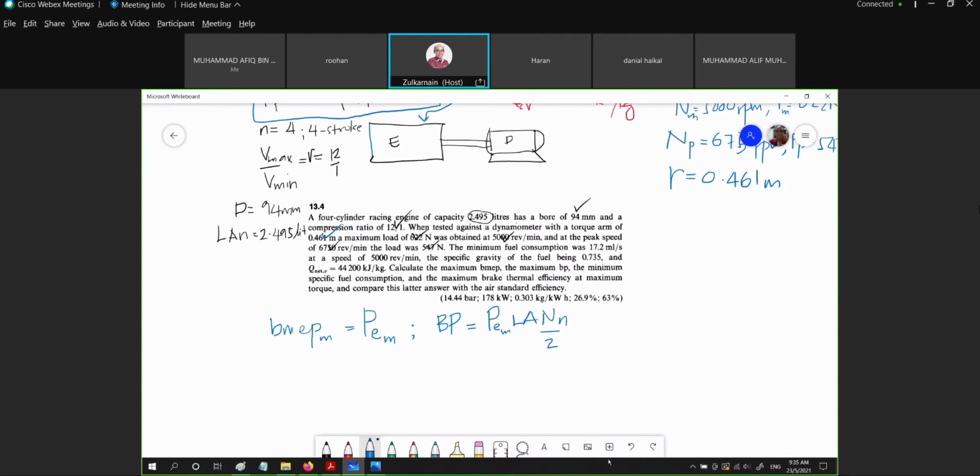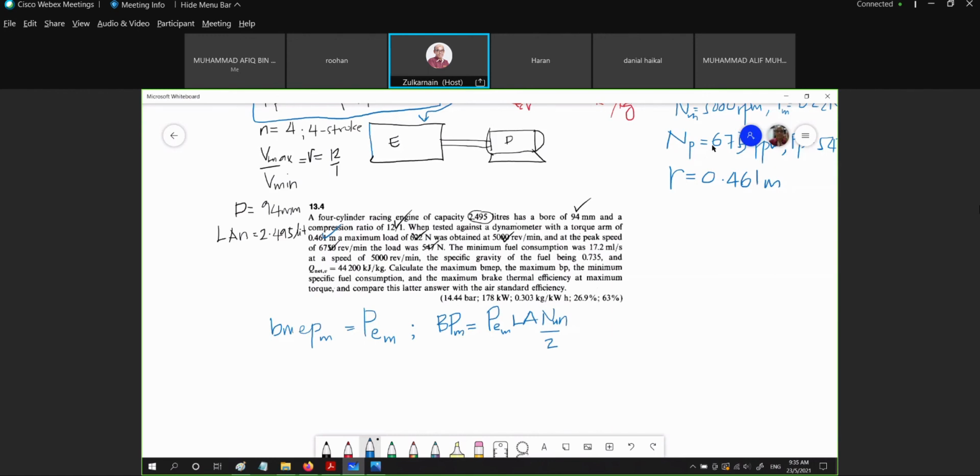So this is based on the N max and M. So this is max at 5,000 RPM.